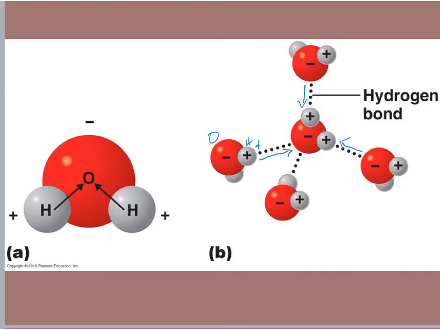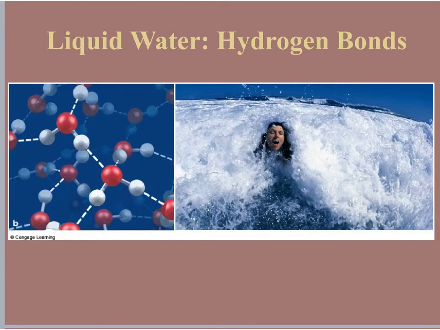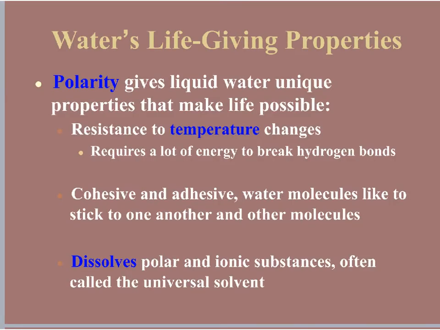It allows water molecules to stick together and give us liquid water. If this weren't the case, then we wouldn't have liquid water on our planet. But because of this polar nature of water molecules, they tend to be attracted to one another. And this gives us liquid water on our planet.